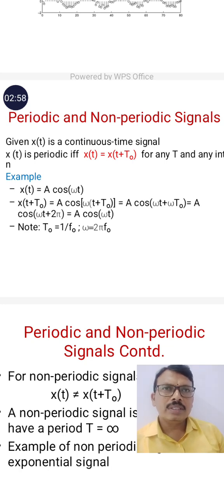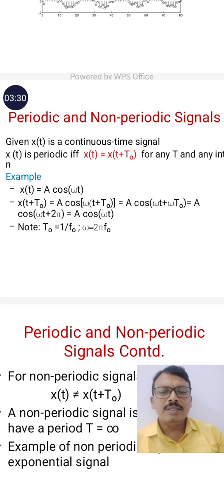After completion of one cycle, the signal repeats: positive half, negative half, again positive half, negative half, and so on. This is called a periodic signal. The best examples of periodic signals are cos, sine or square. Any signal that repeats at regular intervals is called a periodic signal. Otherwise, that signal is called a non-periodic signal.